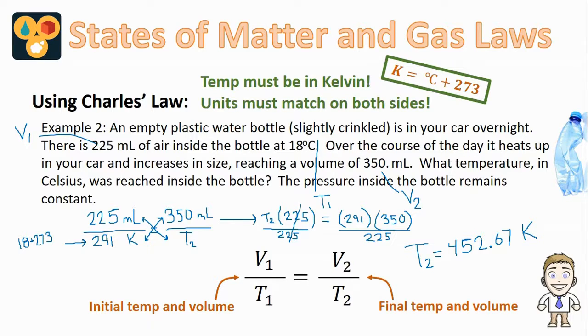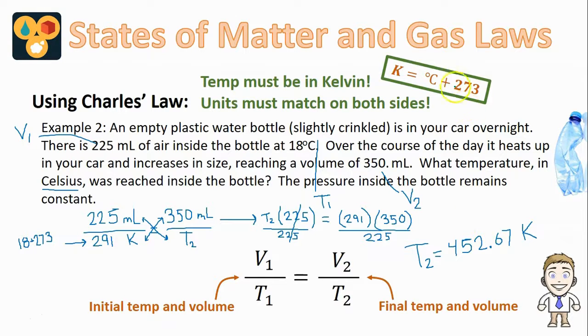It also introduces the last little trick in this question, and you've got to watch out for this, especially with Charles's law. The question did ask for temperature, but it asked for the temperature in Celsius. So when I solve for that T2, it is correct, 452 Kelvin, but it is not in the units that the question wants. Since it asks for Celsius, I've got to take that Kelvin temperature and convert it back to Celsius.